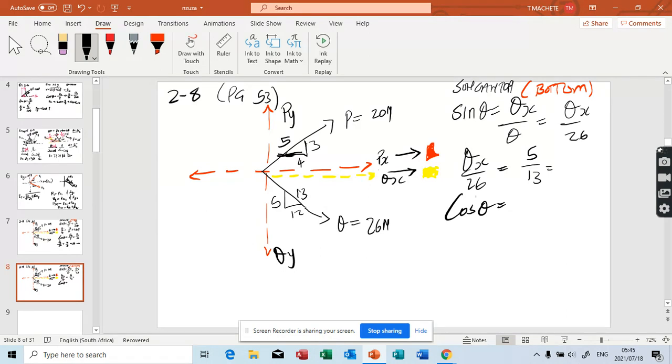Yes, you should get 10. Is it negative or positive?